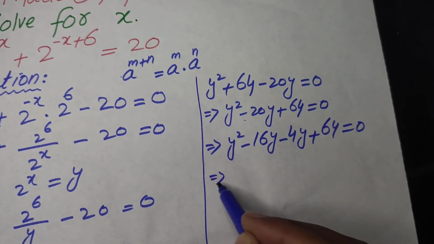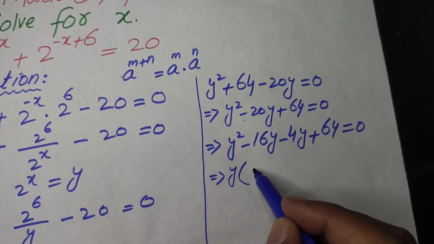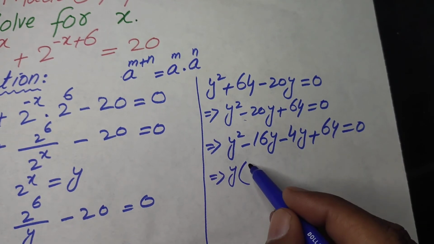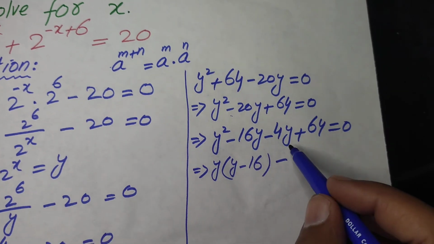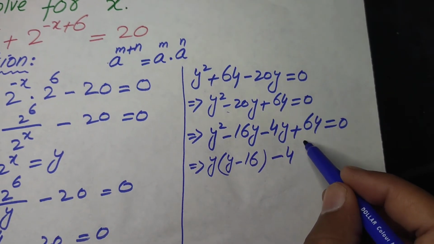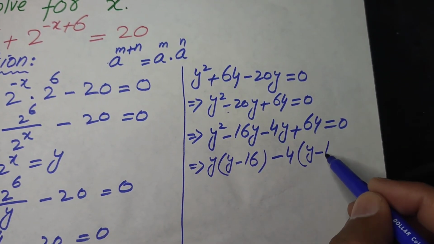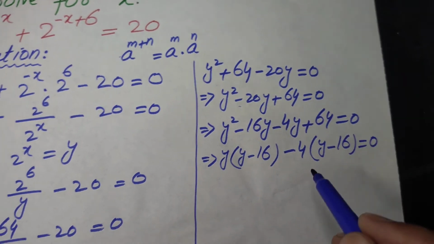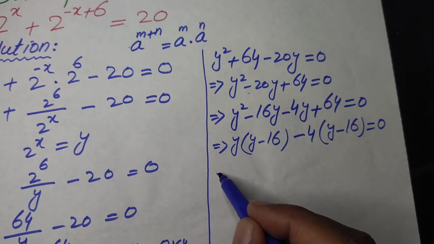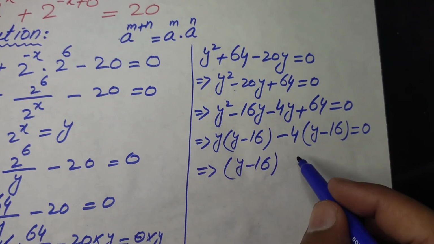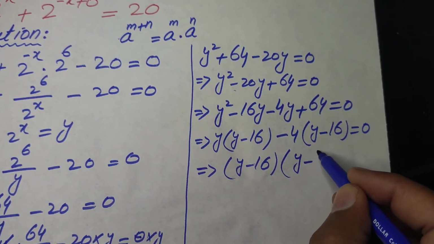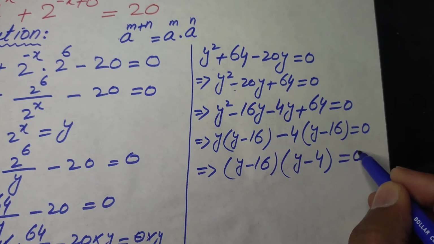After that we take the common factor in this term, and we will obtain y into y minus 16, and here we take common minus 4, and we will obtain y minus 16 is equal to 0. And after that we will take common y minus 16 on both of the terms, and we will obtain y minus 16 into y minus 4 is equal to 0.